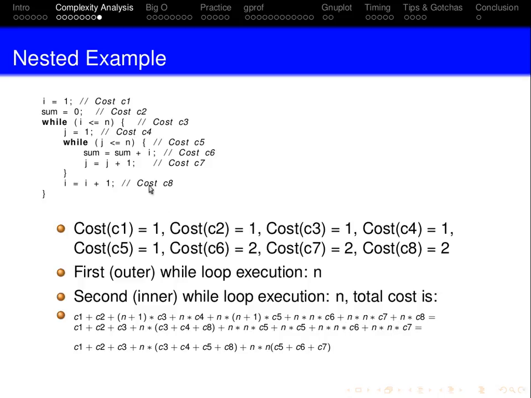Remember, that's on the outside of the while loop, so it's just n times C8. So it's actually not that bad. But if you pull it all out and simplify it, you get C1 plus C2 plus C3, plus n times the constants for C3, C4, C5, C8, and then n times n for C5, C6, C7.